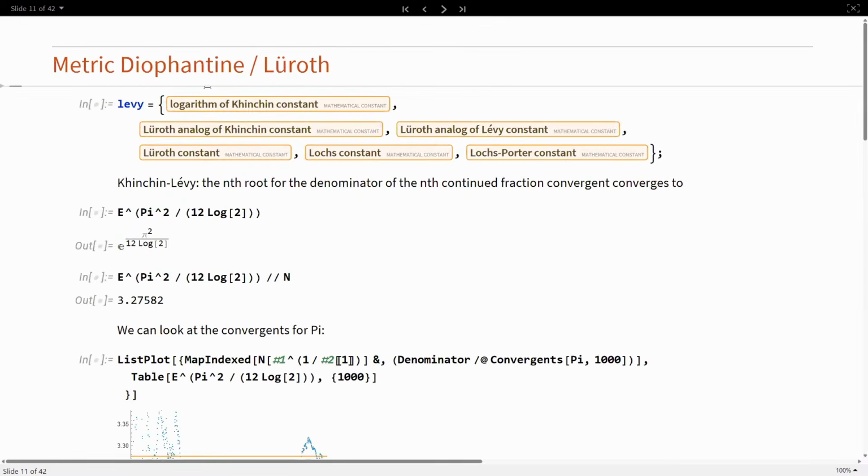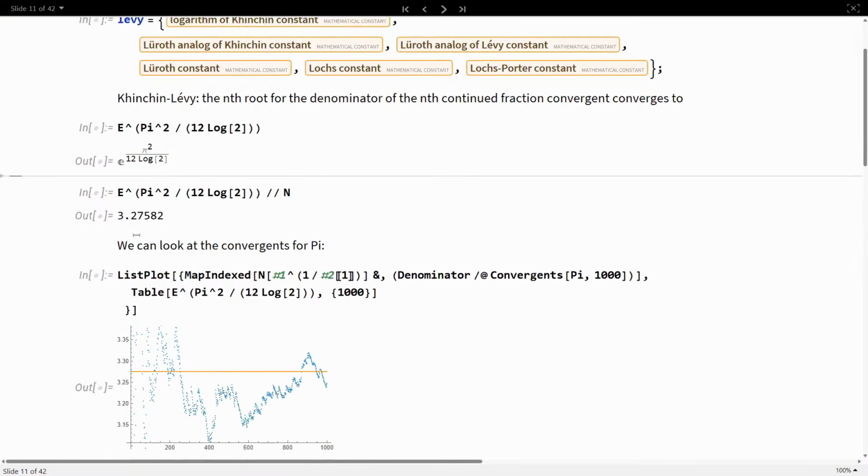Various metric constants, such as the Lévy constant. Khinchin-Lévy is the nth root of the denominator of the nth continued fraction, and it converges to this value.